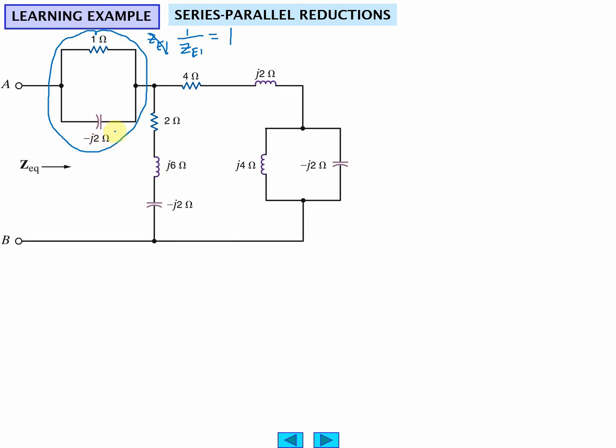Then 1 over negative 2J gives you positive half a J.